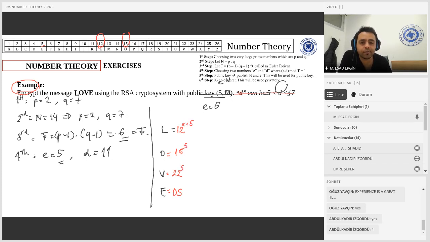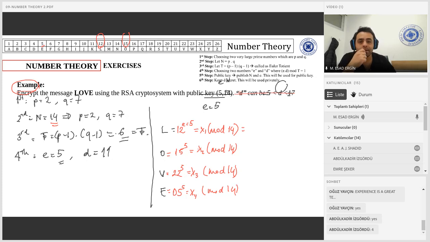Each letter's number to the power of 5, x1, x2, x3, and x4, in modulo n. What is our n? It is 14. So it will be mod 14 for each.